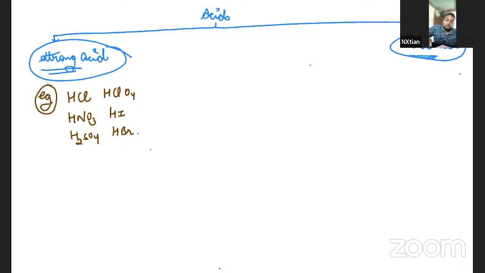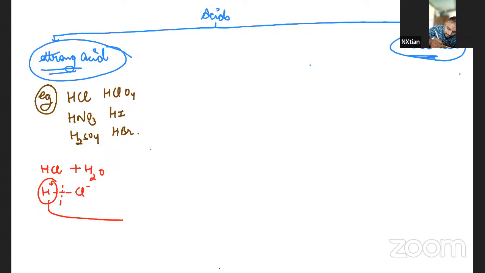Basically, what they do, they completely dissociate and release the H plus ion. See, I told you, if I take HCl, what HCl in water will do is that this H and Cl bond will break, making H plus ions and Cl minus.